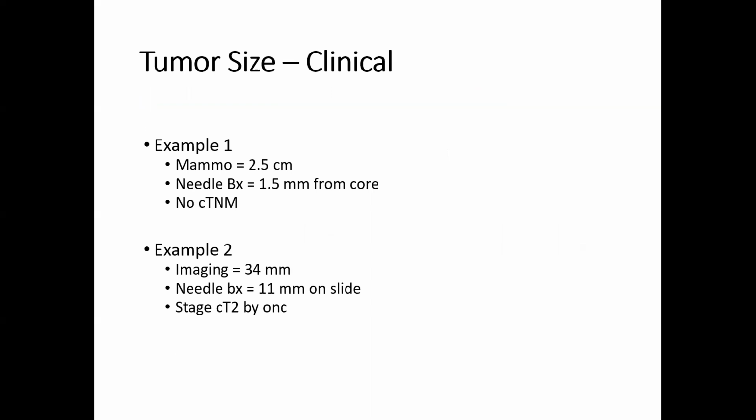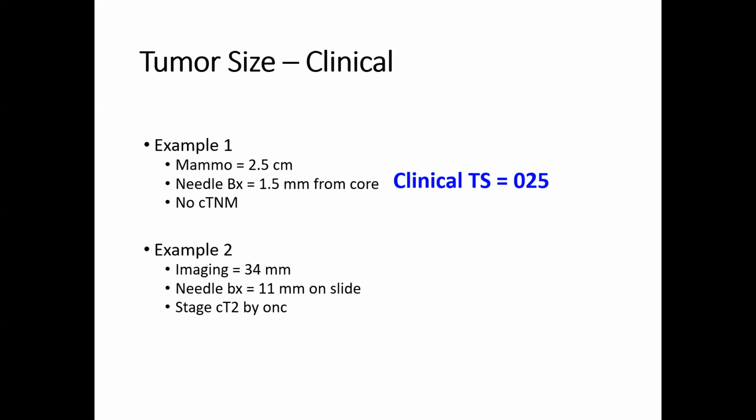Both of these examples have core needle biopsy sizes. Both have imaging sizes. So the priority would be to use the imaging as the priority. So for example 1, this would be coded a clinical tumor size of 0.25.